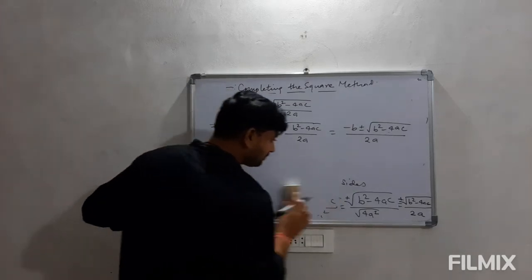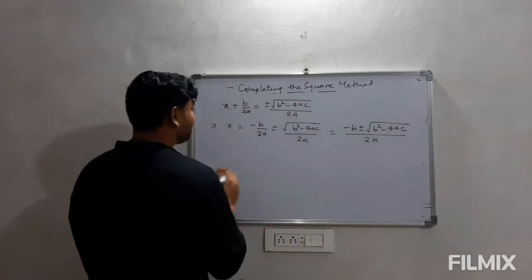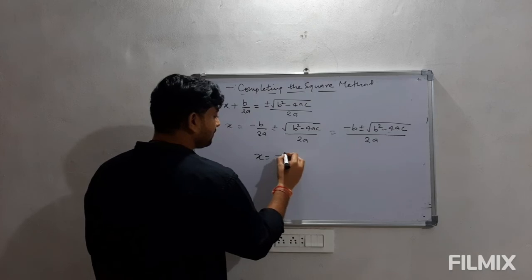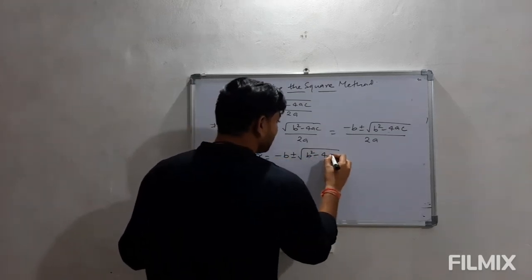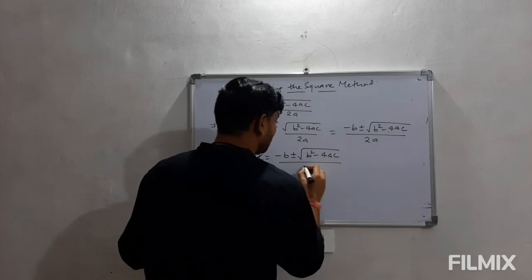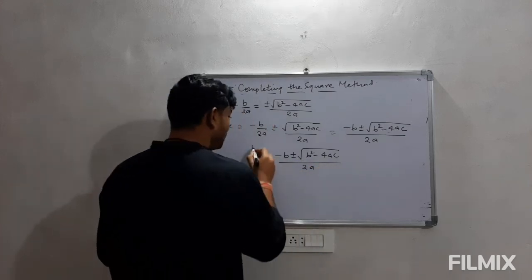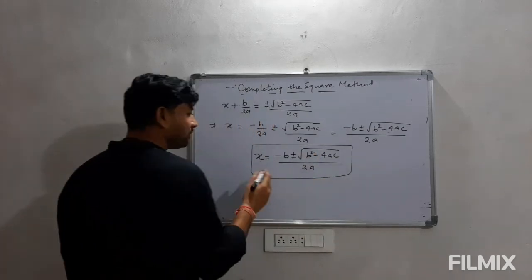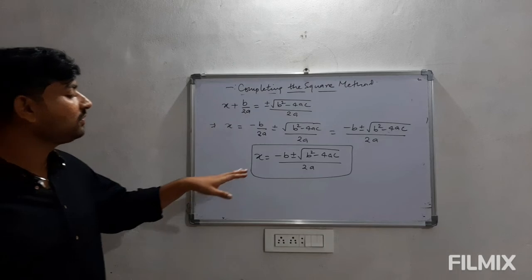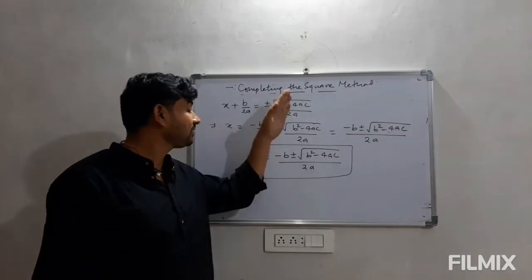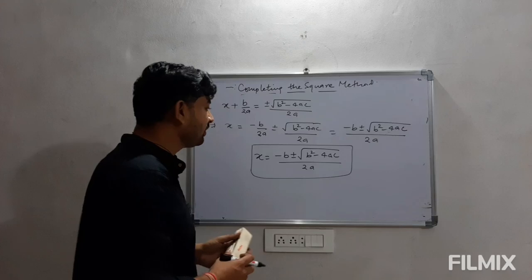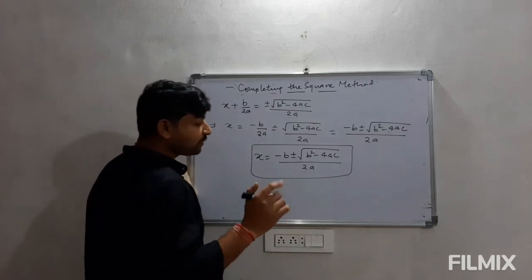Clearly the value of x is coming here is minus b plus minus under root b square minus 4ac upon 2a. Now look at this. By using this expression, we can directly find out the roots of this standard form of quadratic equation, where, as I told you, there will be two roots.